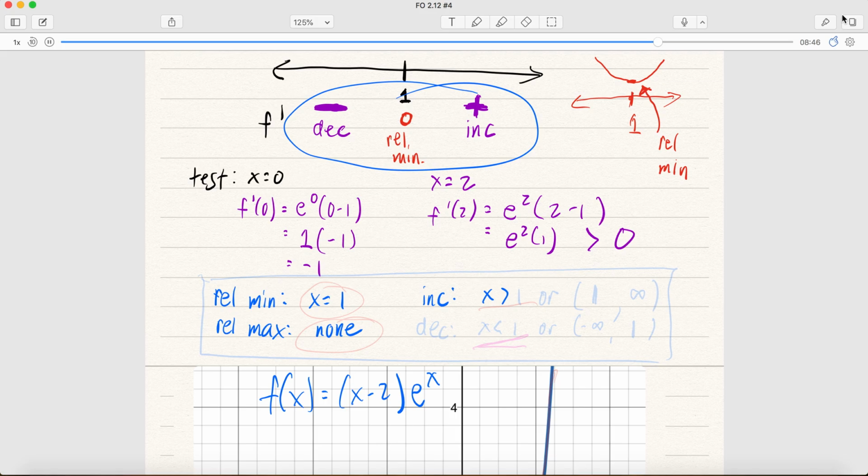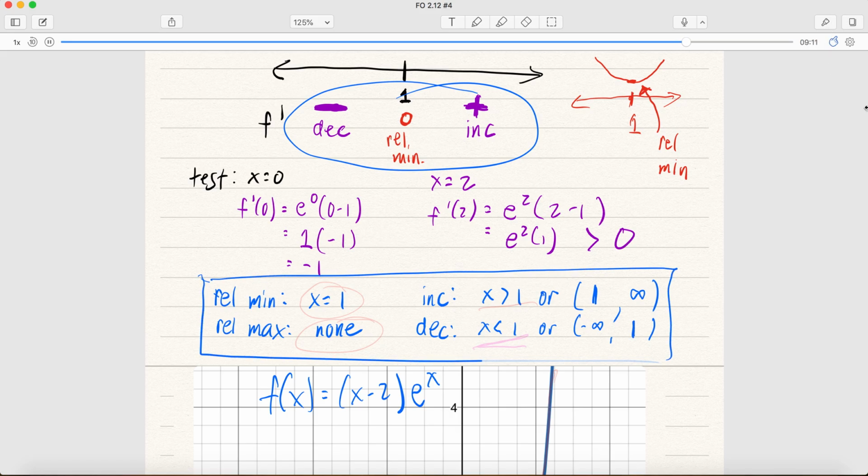You can either write x is greater than 1, or the way I like to write it is, what are the left and right points? We know it's 1 to positive infinity. And we know it's decreasing when x is less than 1, or we write it this way: negative infinity is the left bound, and it stops at 1.